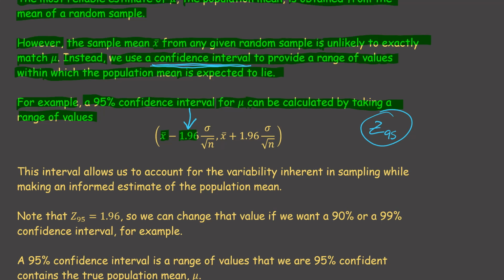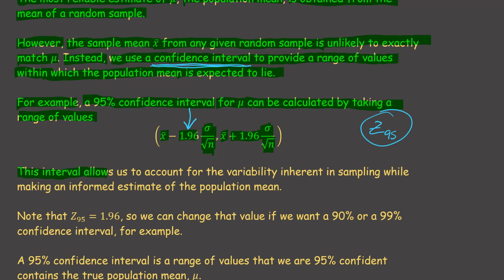And we multiply that by the standard error, or if you like, the standard deviation of our sample for sample size n. And then we go x bar plus that same quantity, and that gives us a range of values. We'll look at that in examples to come up.